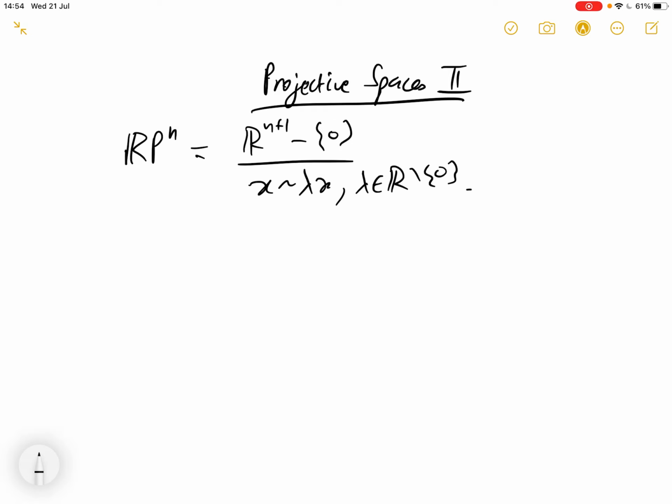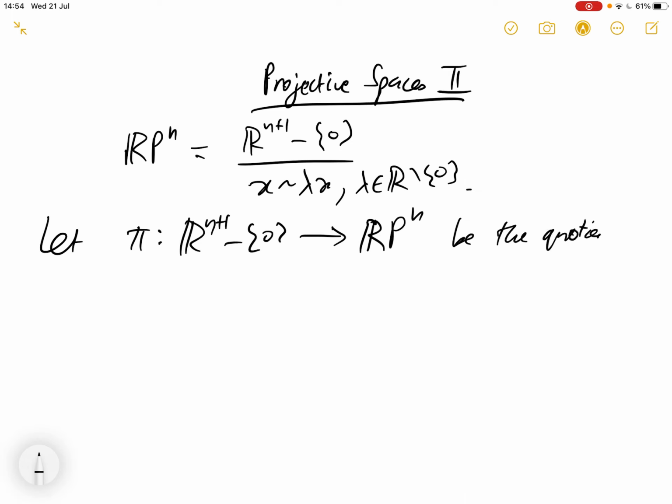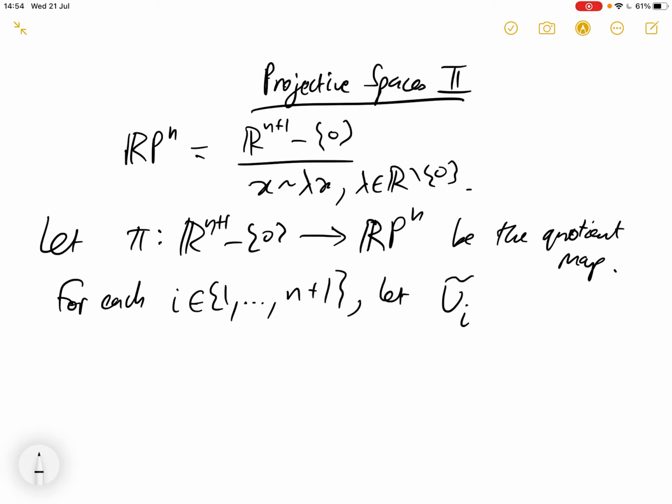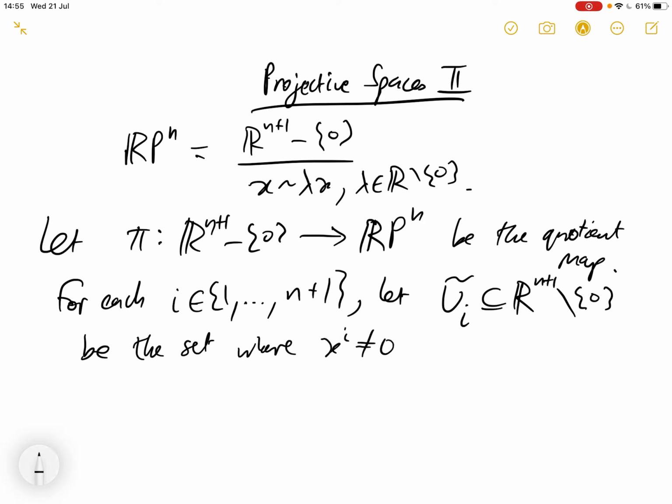And so if we let pi from R^(n+1) without the origin to RP^n be the quotient map, then what we can do is, for each i from 1 up to n+1, let U_i tilde in R^(n+1) without the origin be the set where x_i is not equal to 0.